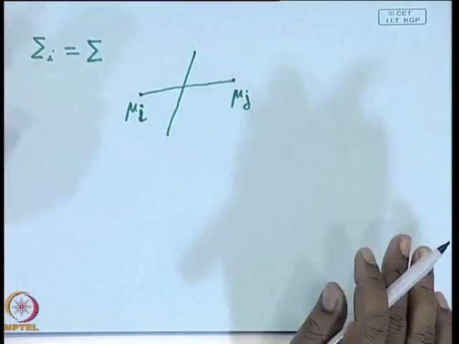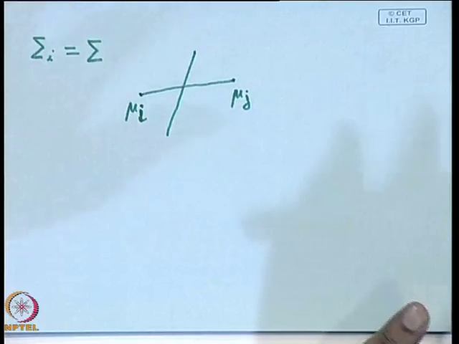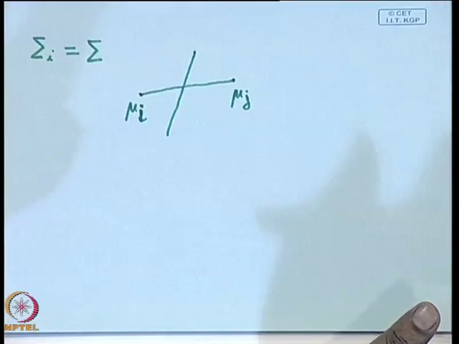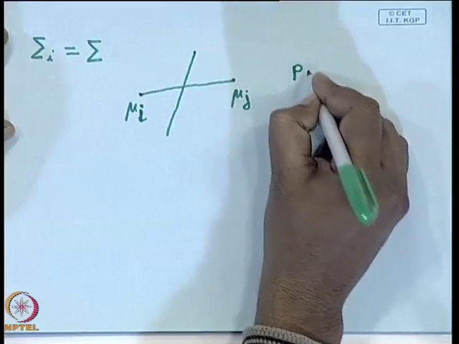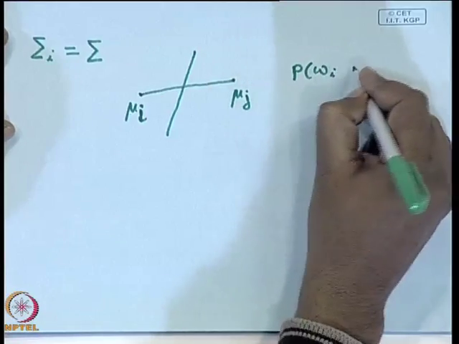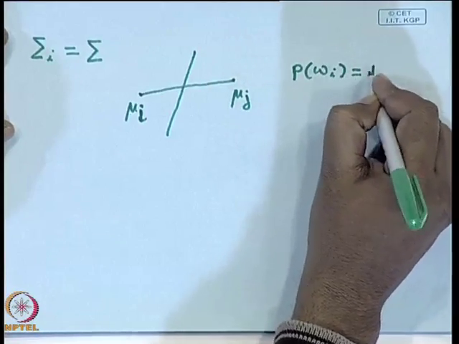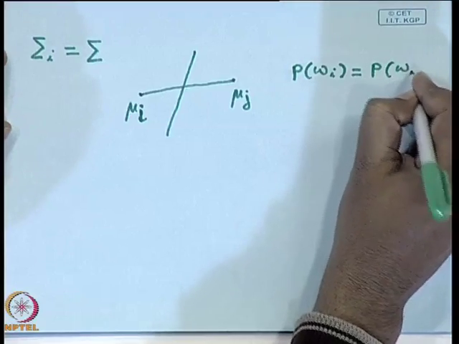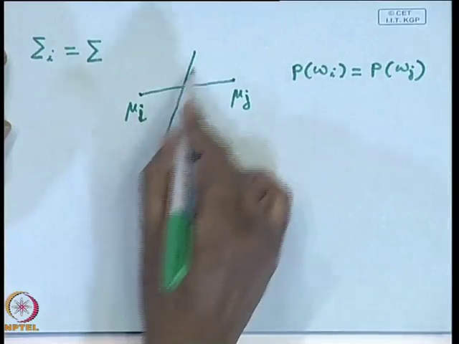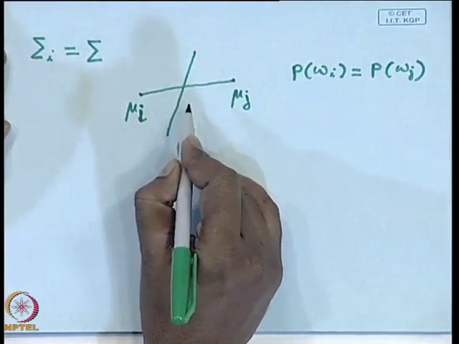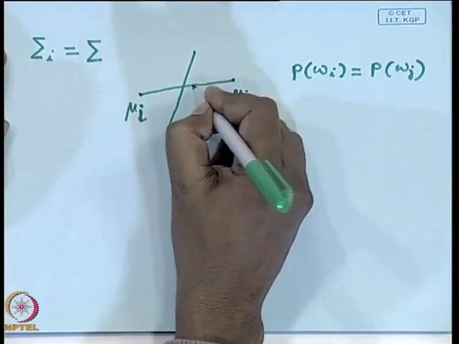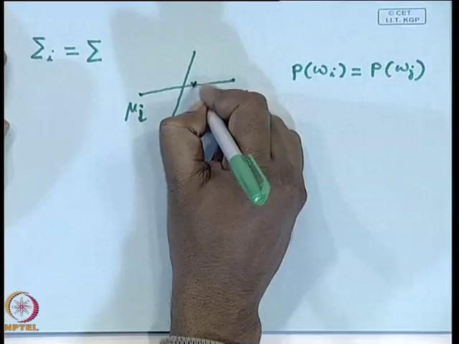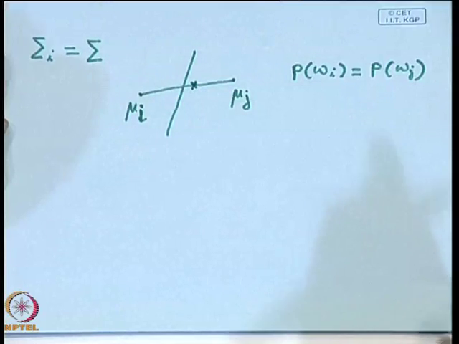However, the decision surface is a hyperplane, or it represents a linear equation. Okay. And here again, if the a priori probabilities P of omega I is the same as P of omega j, then this decision surface, though it is not orthogonal to the line joining mu I and mu j, will pass through the point which is midway between the points mu I and mu j.